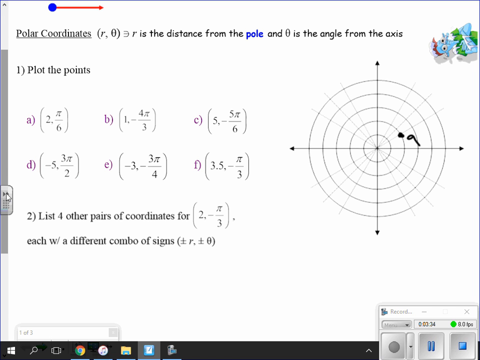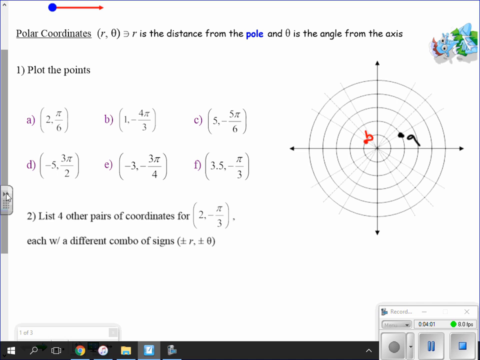Part B, (1, negative 4 pi over 3). So we're on the first ring out. Our angle is negative 4 pi over 3. So instead of going the usual positive direction around, you're going in the negative direction. 4 pi over 3. There's pi over 3, there's 2 pi over 3, 3 pi over 3, 4 pi over 3. So it would be right here.